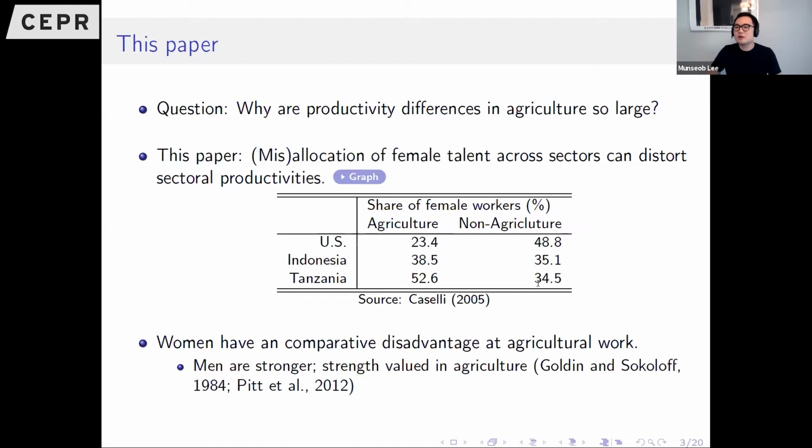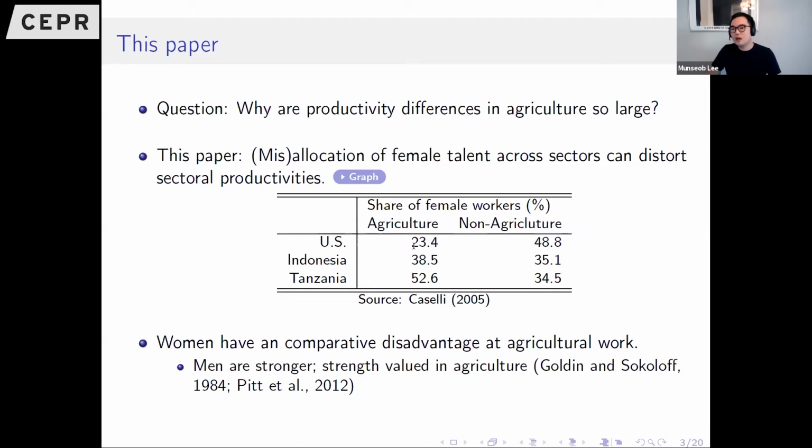This is the share of female workers in the two sectors, again in the same three countries. If you look at the US, only 20% of agricultural workers are female, while almost half of non-agricultural workers are female.